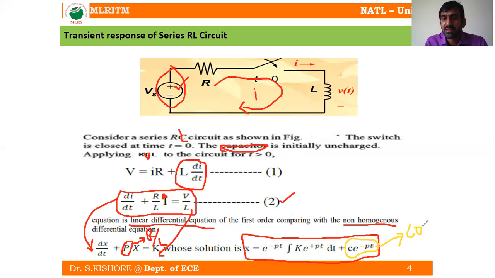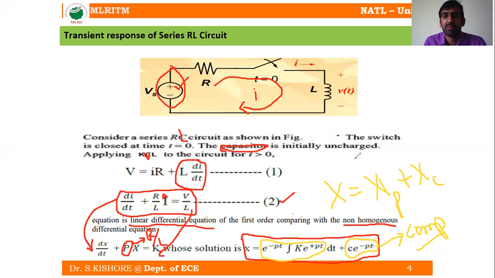Whereas e power minus pt into integral of k into e power plus pt is your particular integral. So we can write this as x is equal to xp plus xc, where xc is your complementary function and xp is your particular function or particular integral.